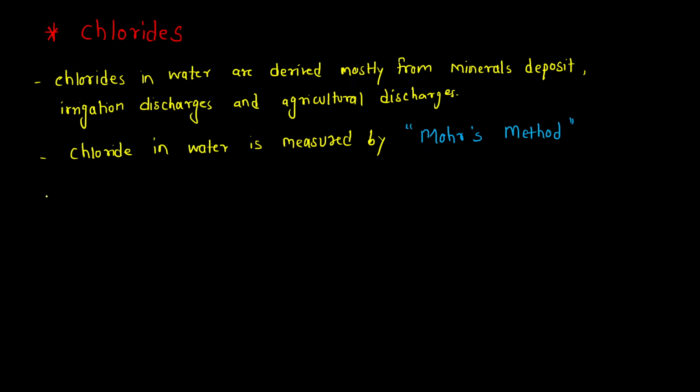Now, it is found by titration. The method that we are using to find the chloride content is titration. Now in this titration, what is the titrant, what is the indicator, and what is the color change? These are the important questions.